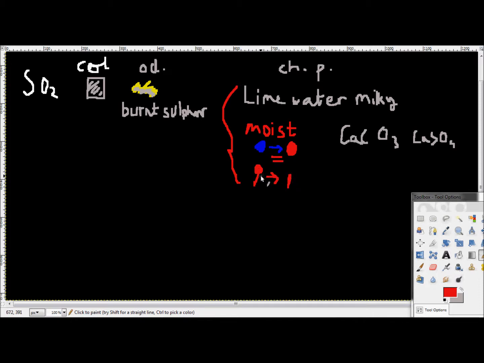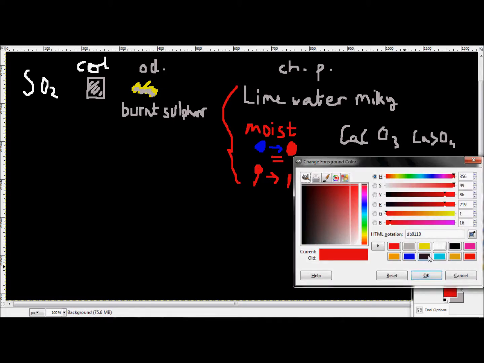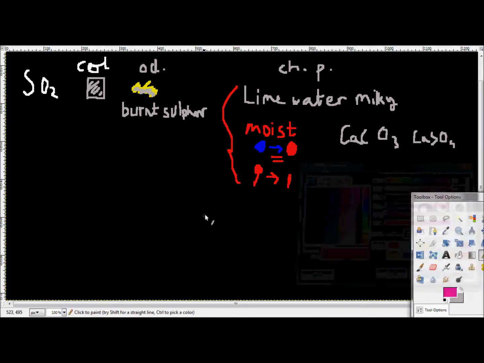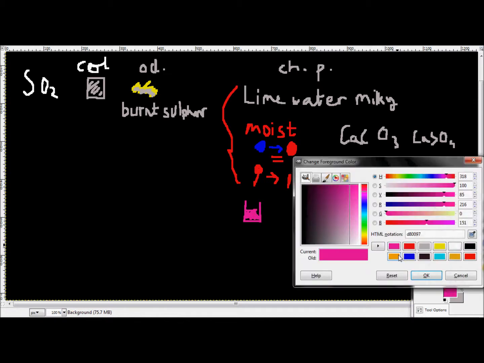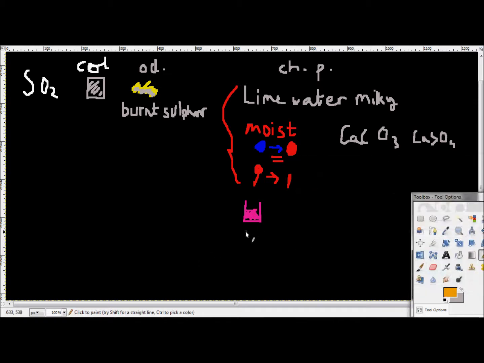But now comes the difference. In the last section on CO2, I told you that when you have KMnO4 solution, and when you have an orange K2Cr2O7 solution, CO2 has no effect on them.